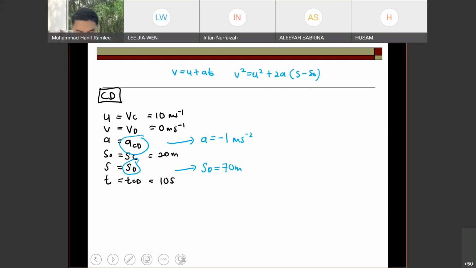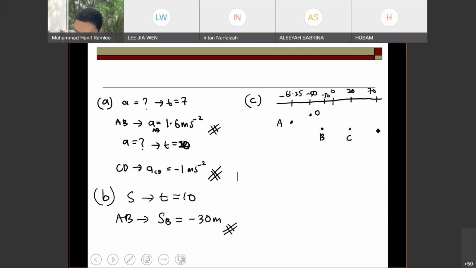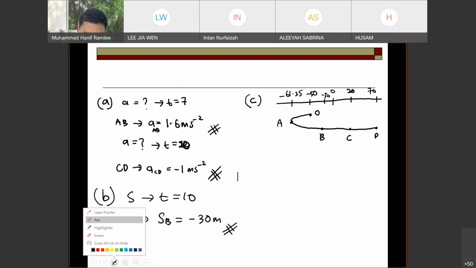SD is 70, point D. So you can draw a path from the calculated regions. You will get this path, and from this path you can get the total distance travelled.